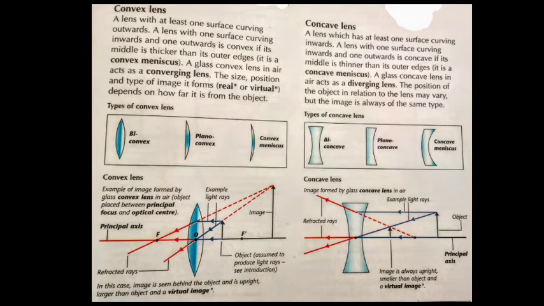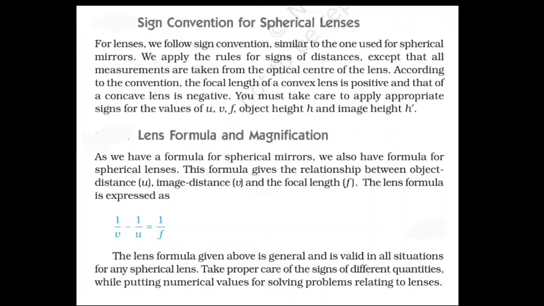Now let us talk about the sign convention for spherical lenses. For lenses we follow a sign convention similar to the one used for spherical mirrors. We apply the rules for signs of distance, except that all measurements are taken from the optical center of the lens.